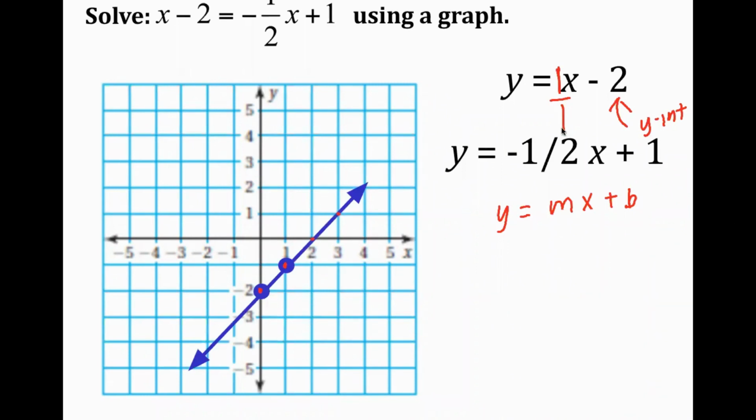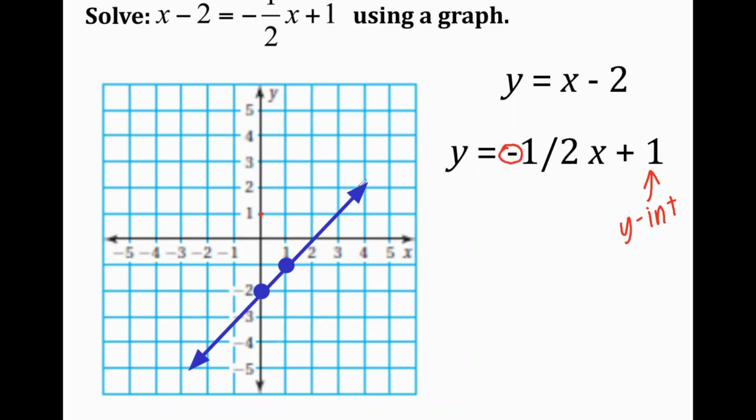Now that you've plotted your first line, you can move on to your second one. We have y equals -1/2x plus 1. Our y-intercept is actually +1. So I would plot +1 on our plane. And now look at our slope. We have a negative slope. So rather than going up 1 unit, you're going to go down 1 unit.